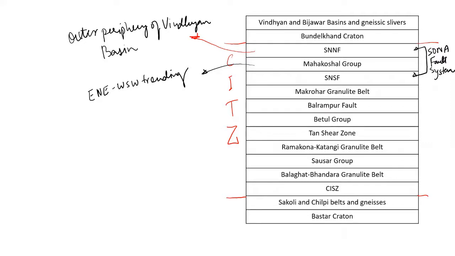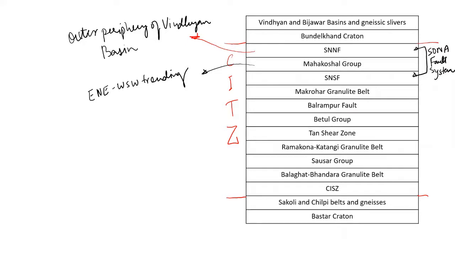The Son Narmada North Fault separates the Mahakoshal belt from the Vindhyan Basin in the north and Siddhi Gneisses. Siddhi Gneisses are regarded as equivalent of Bundelkhand granite. The Son Narmada South Fault separates the Mahakoshal belt from the Proterozoic granites and gneisses of the Central Indian Tectonic Zone. It is covered for most part by the Deccan Trap, Gondwana sediments and Quaternary alluvium, as I had shown in the previous maps.